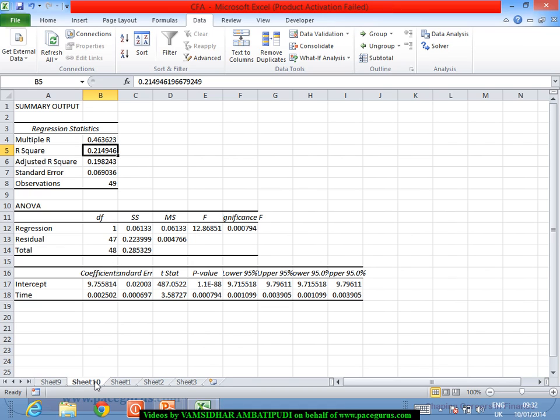So the first thing that we do whenever we come across time series data is look at whether there is any kind of trend in the data. That trend I can observe either as a linear trend or as a log linear trend.